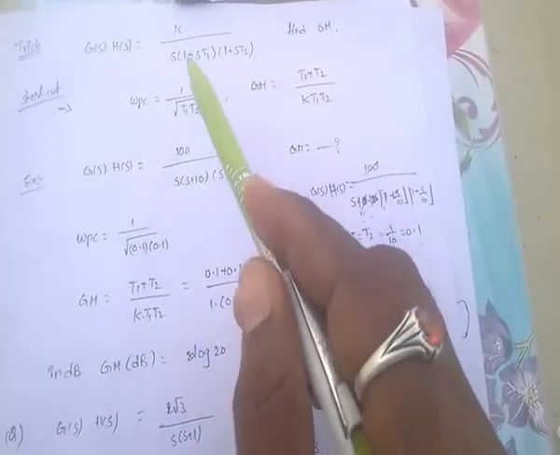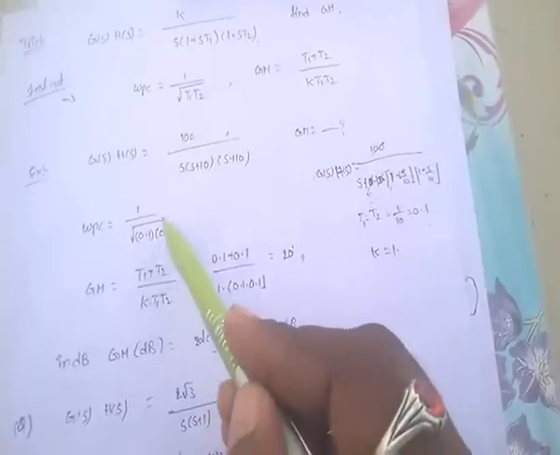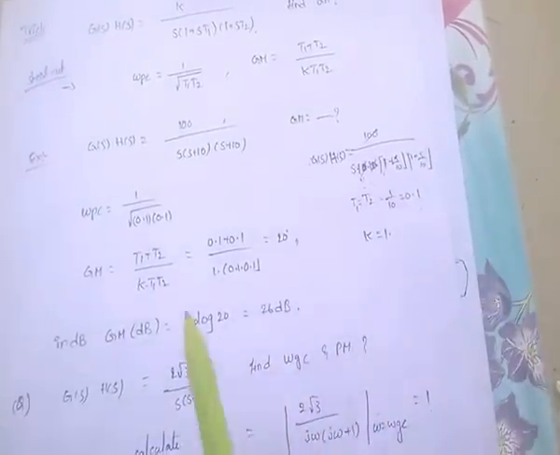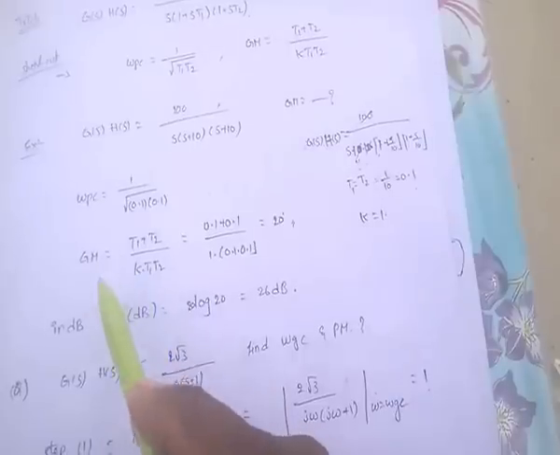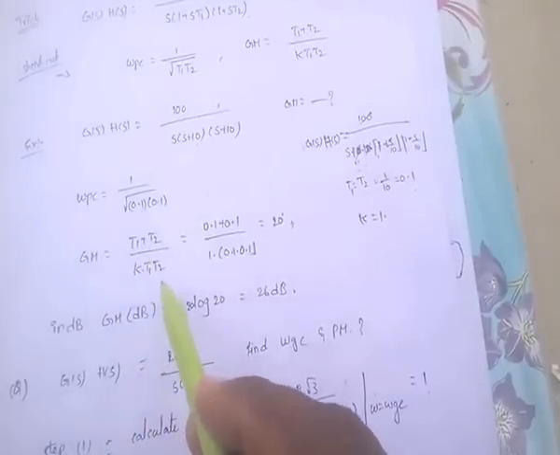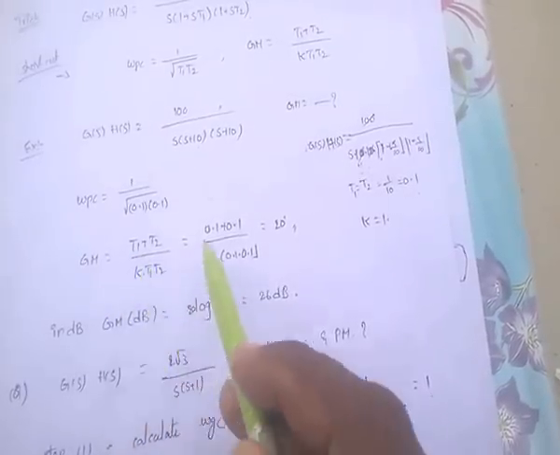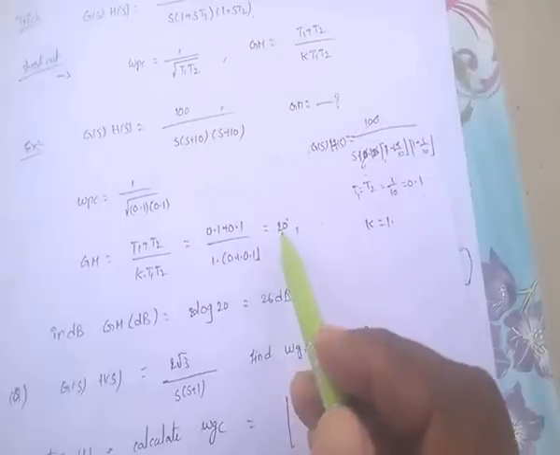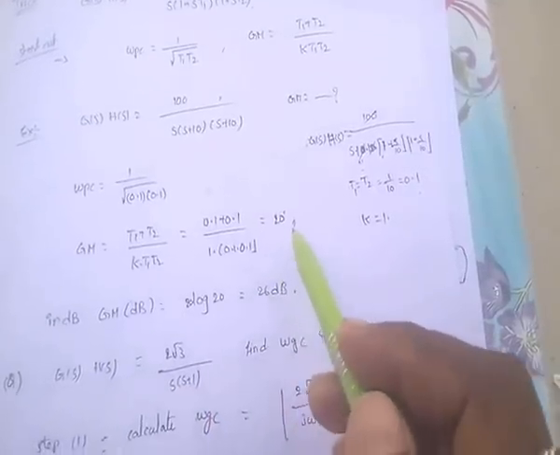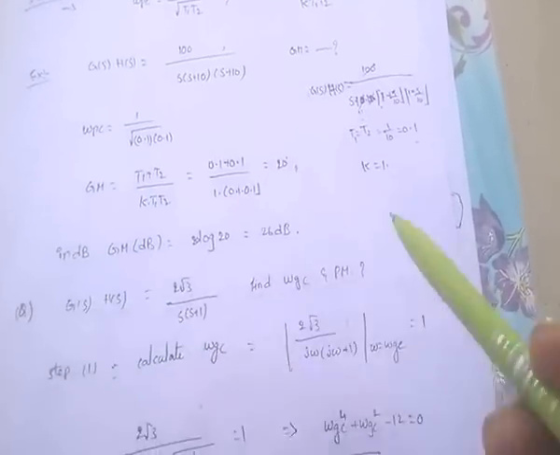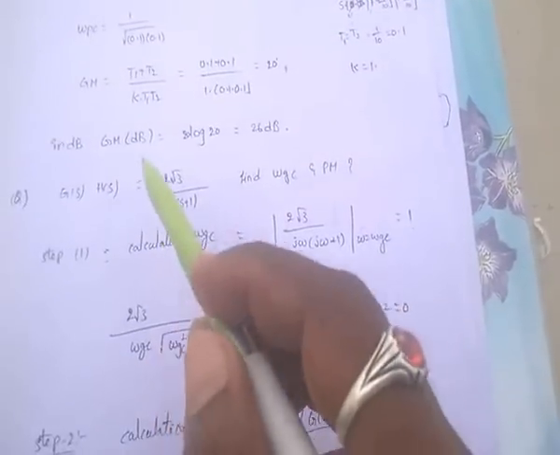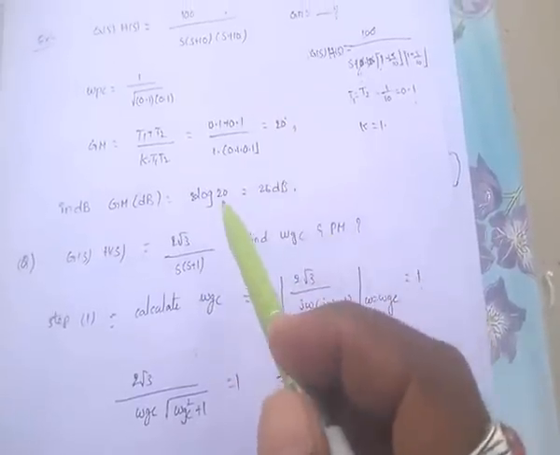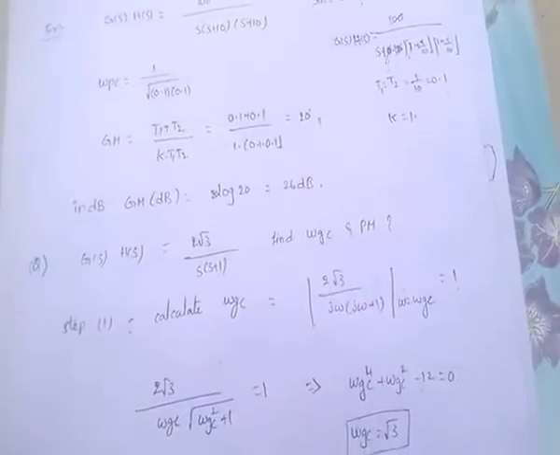What is the shortcut? 1 by root of T1 into T2, that is 1 by root of 0.1 into 0.1, and gain margin equal to T1 plus T2 by K into T1 T2. Substitute the T1, T2 and K values, we can get the gain margin. It is a simple way. In case of dBs, 20 log of this magnitude, that equal to 26 dB.